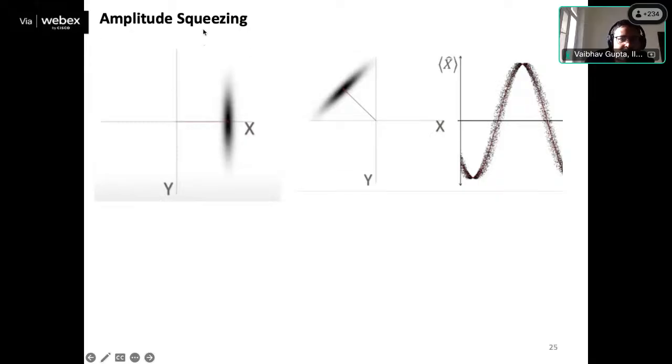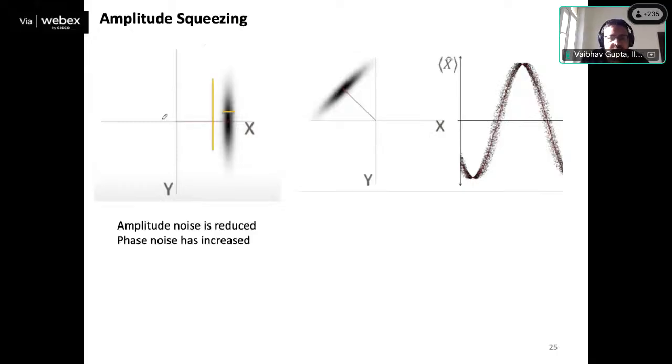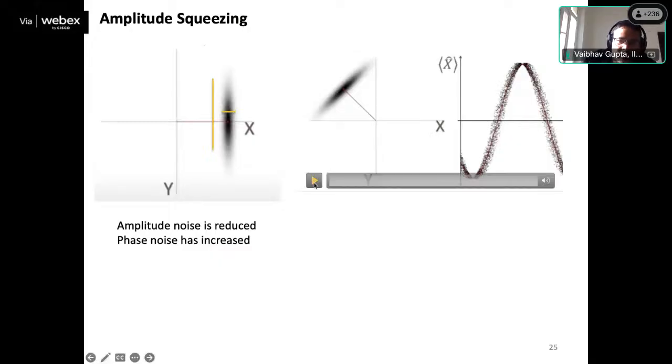Now suppose I do amplitude squeezing. What do I mean by that? It is that I have reduced this dimension. So somehow I reduce the amplitude noise, then definitely I will increase the noise in the phase. If I reduce the noise in amplitude, the phase noise will get increased. Now if you see, this is how it looks.